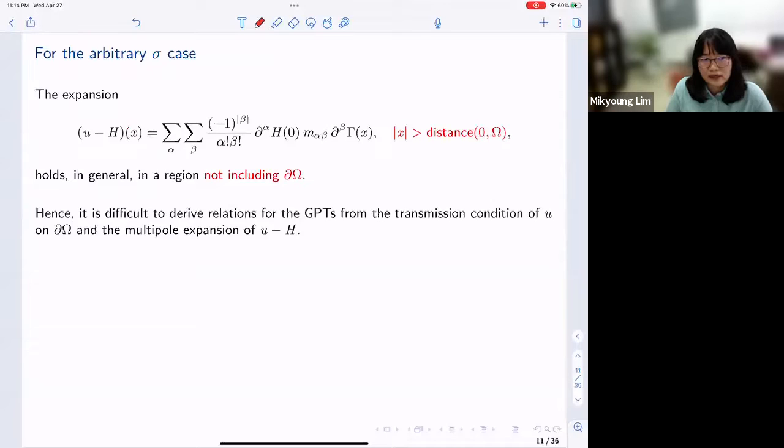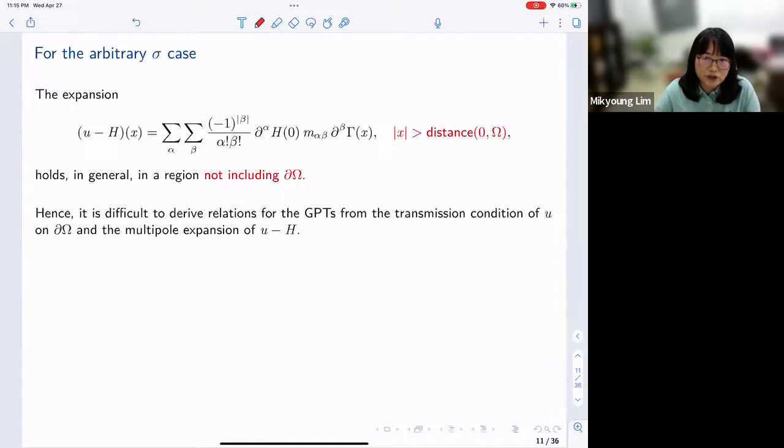And now let's think about the arbitrary sigma case. The information we have is m alpha beta, that is the coefficients of this multipole expansion. So we know that u minus h, where h is the background solution, is a summation of these functions, where the basis functions are derivatives of gamma, and we assume that m alpha beta is known.